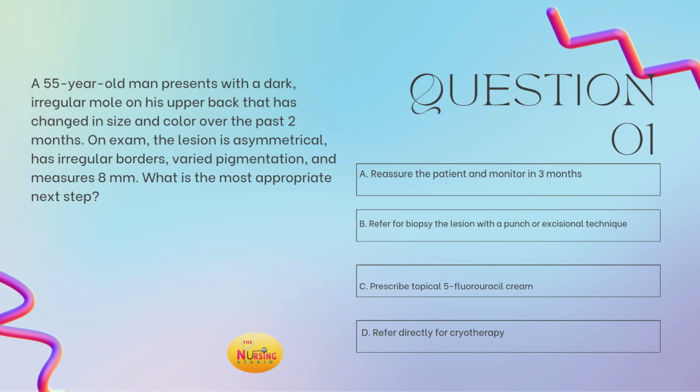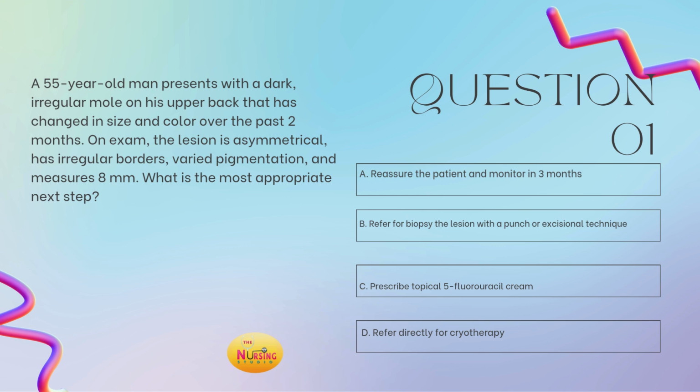Look at those assessment findings, meaning their presentation, their signs and symptoms, their chief complaint. Consider their age, their ethnicity, their gender, right? So we have a 55-year-old man who comes in with a dark, irregular mole on his upper back. It has changed in size and color over the past 2 months.